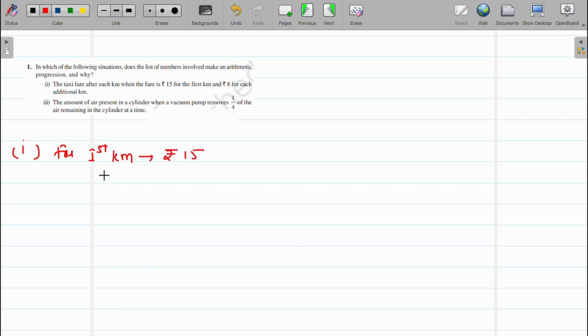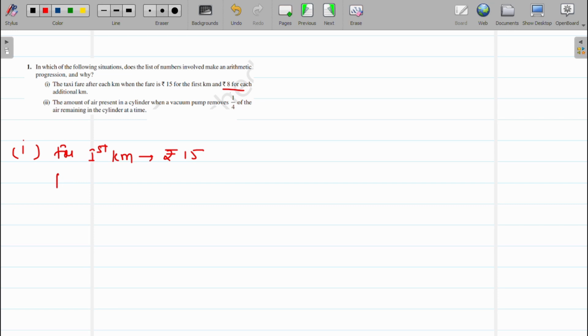If I am going 2 kilometers, rather let me write it as for 2 kilometers, not for the second kilometer, we'll have 8 rupees. If I'm going 2 kilometers, you cannot just go directly for the second kilometer, right? You have obviously covered the first one already.